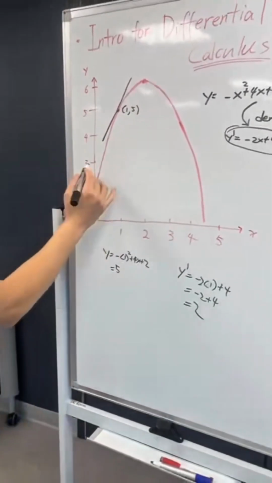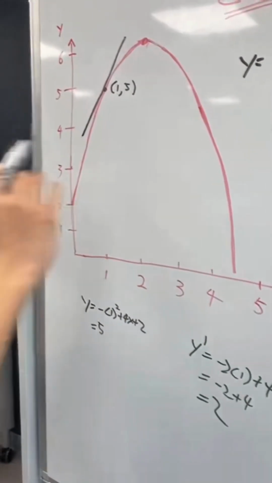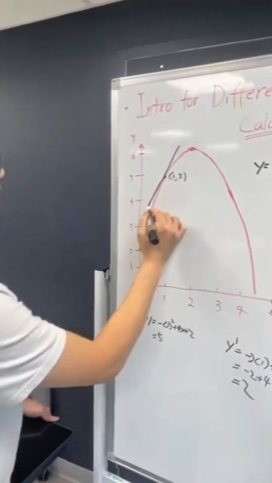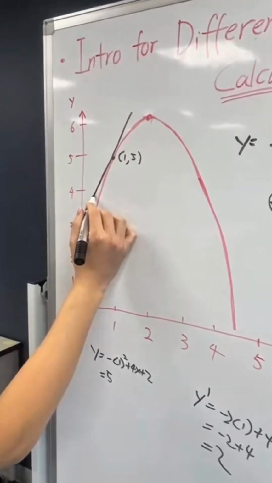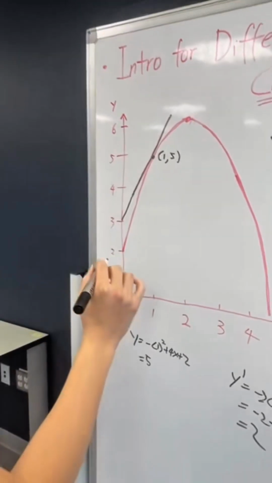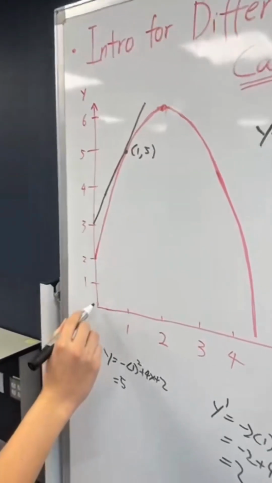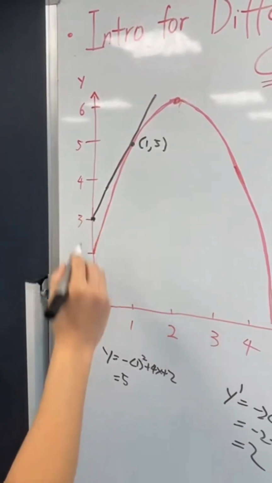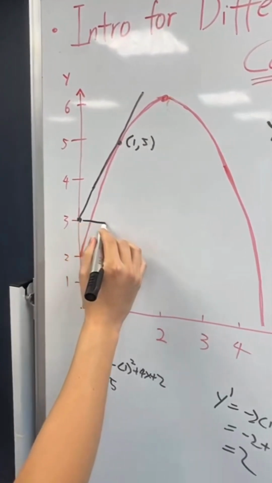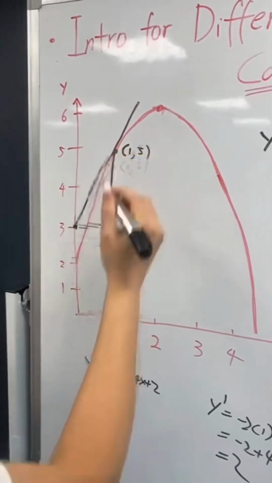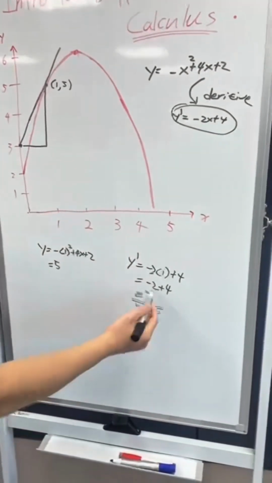So for every 1 x value, it will go up 2 y values. Say we extend this line, the slope, we can see that at x equals 0, it's at (0, 3), this point. And then as we go over 1 x value, we also go up 2 y values, which is exactly what the equation suggests with the 2.